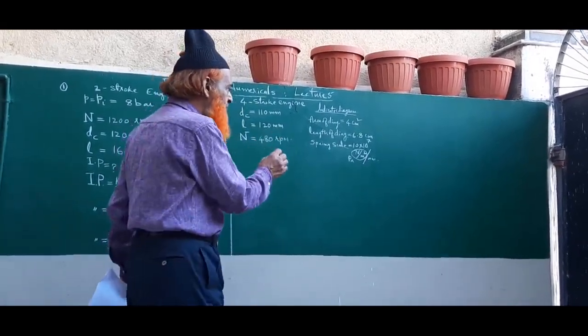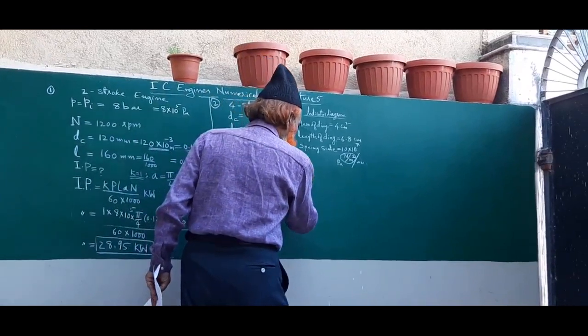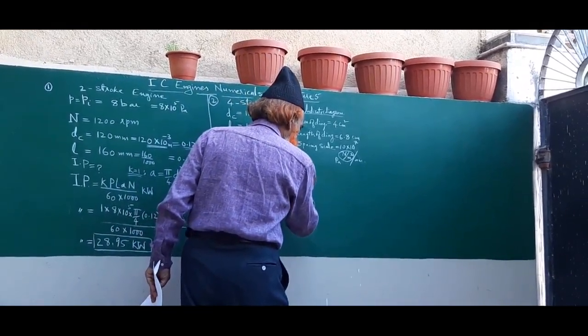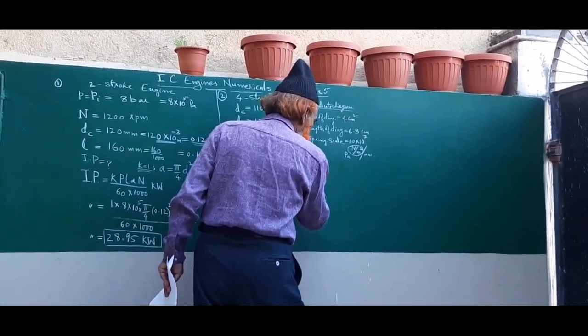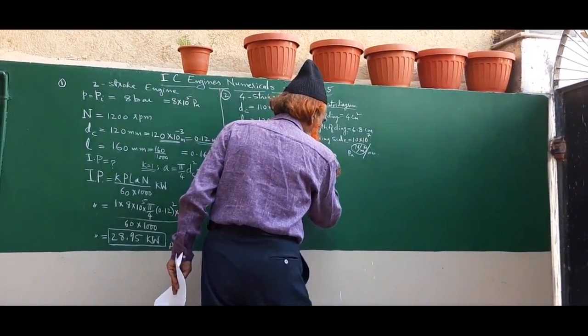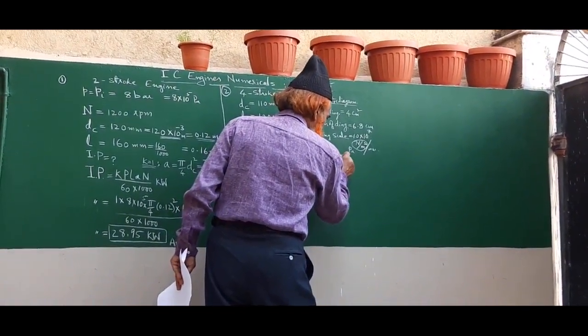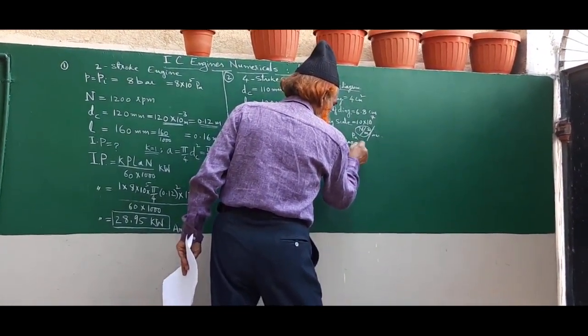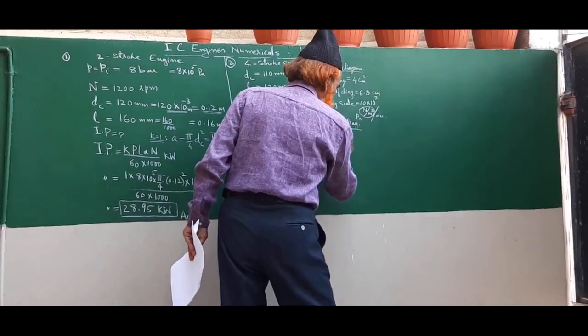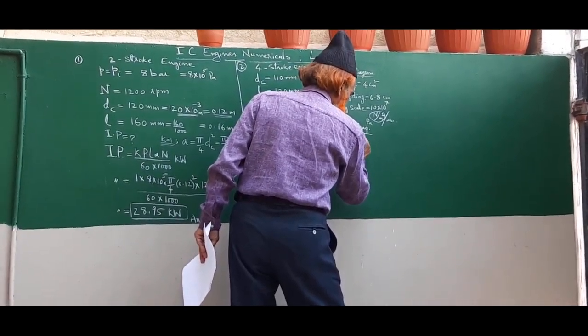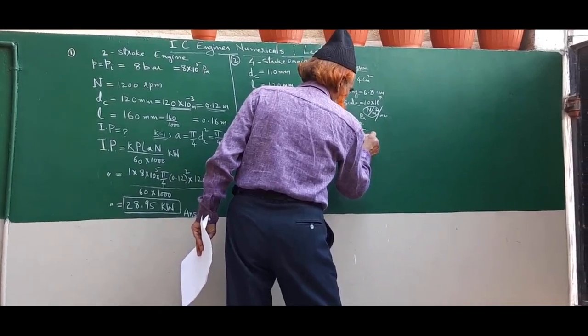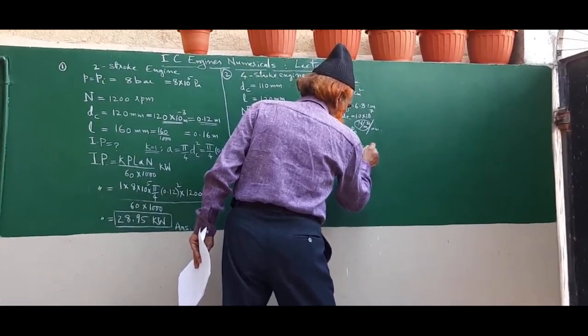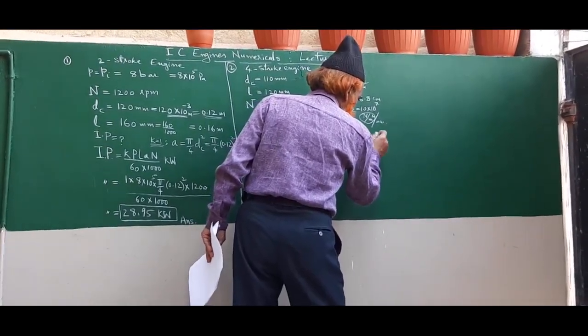Therefore, now from this the indicated pressure Pi can be determined by taking the formula area of diagram divided by length of the diagram, into spring scale.